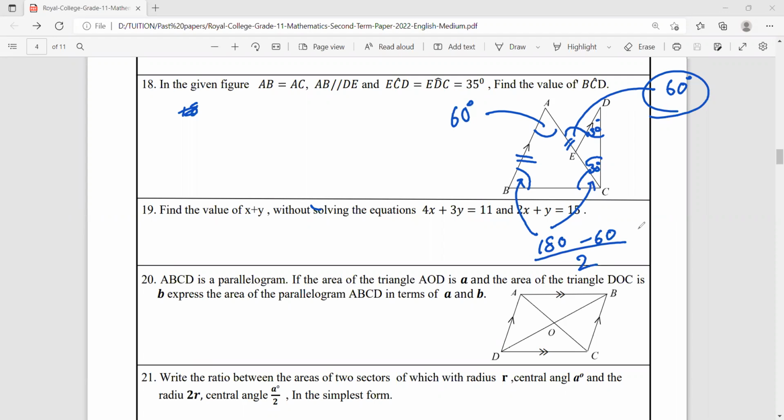And we'll get here 120 divided by 2. This is 60 degrees, and then 60, and this is 30, and this is going to be BCD, which is equal to 60 plus 30, which is 90 degrees.